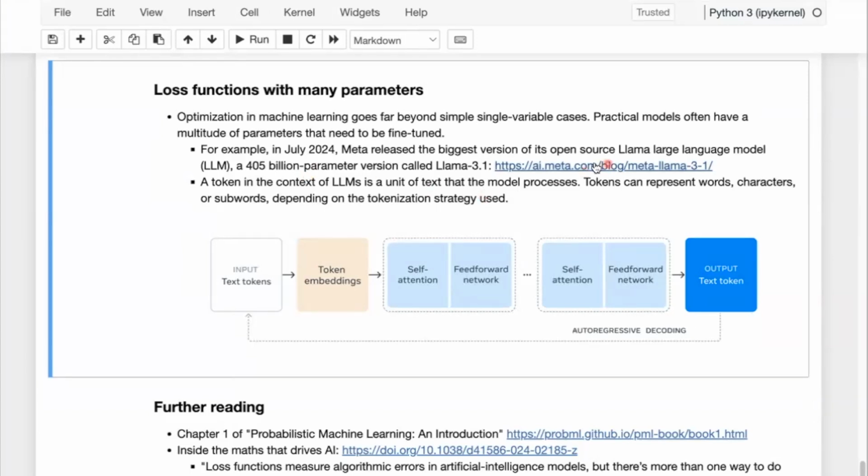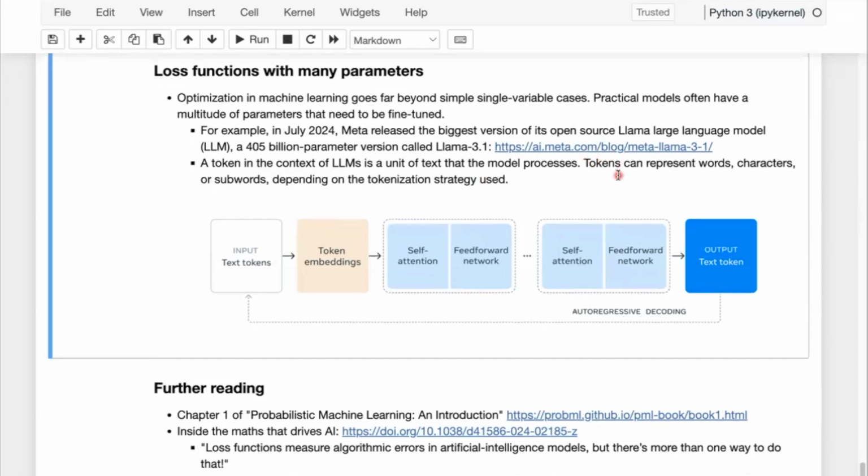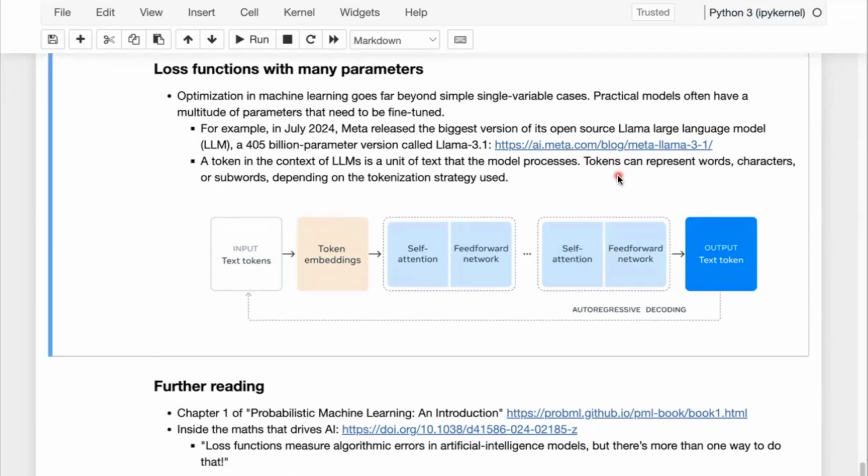And you can click on this link and get some more information. But what I really like to show you here is that still the principles, and this is the diagram and the architecture I got from this blog from Meta, it still is the same exact principles that we just discussed. So we have some inputs here. We have text. When you're working with text data, you cannot just give your machine learning model the raw input.